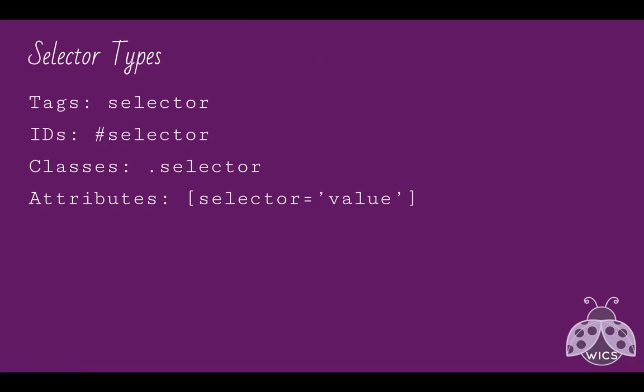To select that, you do hash or number sign name table. Classes, the same thing, except the selector is a period before the name of that selector. And then in HTML, you write, for example, where it says selector equals value, that would say ID equals name table. Okay, next slide.